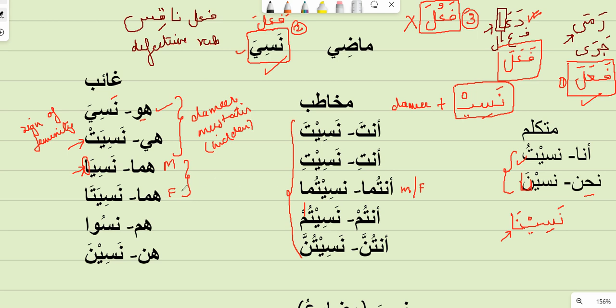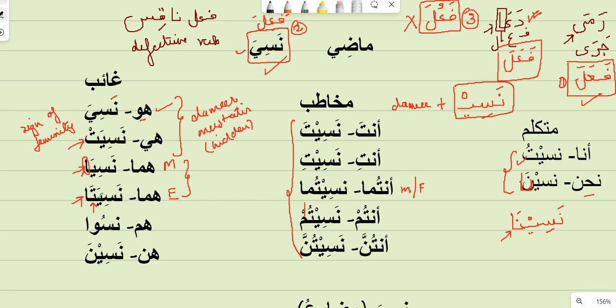But when we come to ghaib, we need to differentiate between male and female. So that's why for male, you will see only alif of muthanna, the damir. But when it comes for feminine, we can see alif muthanna for the duals, but we also see the tatanis. This ta is added for the feminine ghaib.